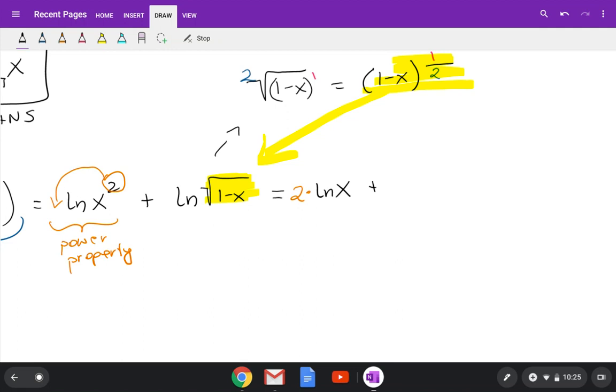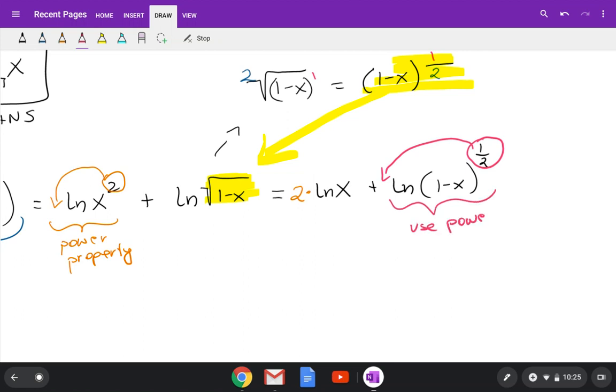So let me rewrite that. Plus ln, instead of radical, I'm using the exponents of 1 minus x to the power of 1/2. Why are we putting the radical as exponent? Because here we can use the power property, which means you can move that 1/2 in front of ln. So again, use power property.